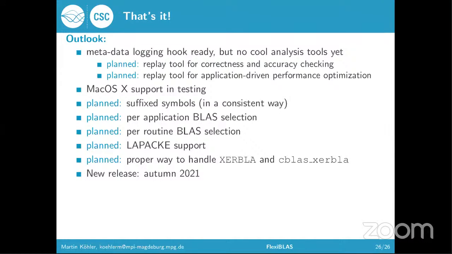So you can say afterwards how many times, for example, the matrix product was called with which arguments: the transpose flags, the dimension arguments, and even the leading dimensions. That could be done for all LAPACK and BLAS routines. With this information, we want on the one hand to develop such a correctness and accuracy checking tool.